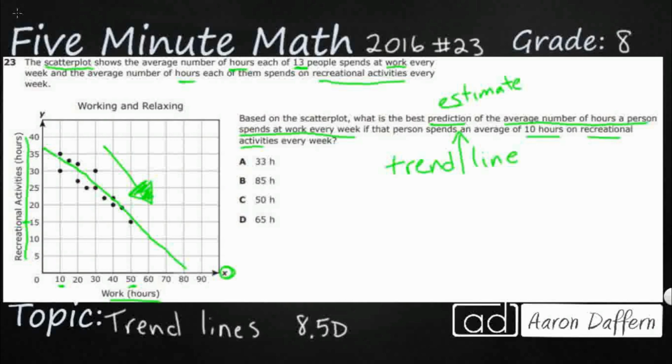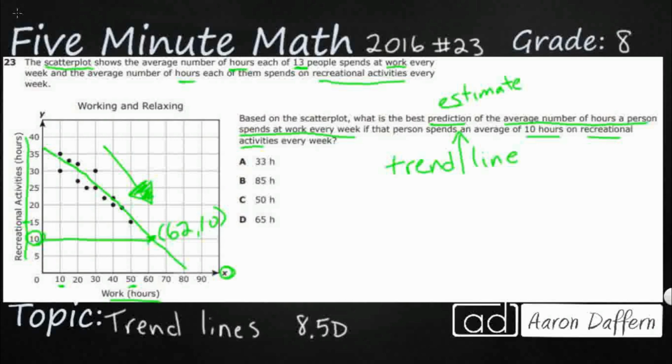So if we get 10 hours of recreational activities, what did we guess? Looks like we got something right there. I'm going to guess it's just a hair past 60, so I might say 62 if we wanted to plot it, right? 62 hours of work gets you about 10 hours of recreational activities.